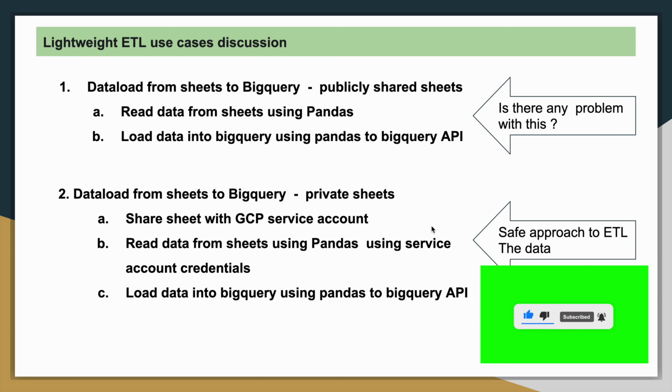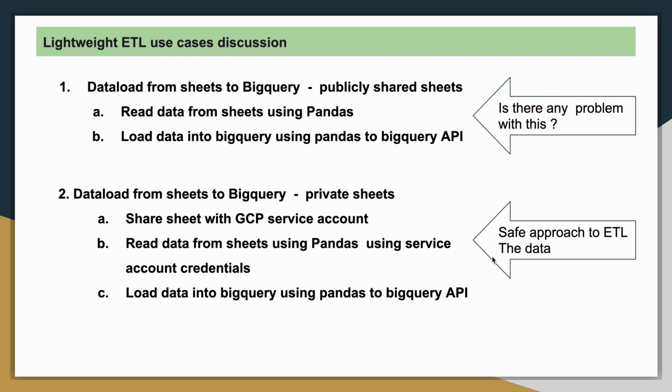Usually, whenever you create a Google Cloud Function, if you don't associate any other service account, it will by default use the Compute Engine service account. So we'll use that service account, create keys for it and store those keys in some secure place, and we'll authenticate that service account inside our Cloud Function code and then read the sheet data.